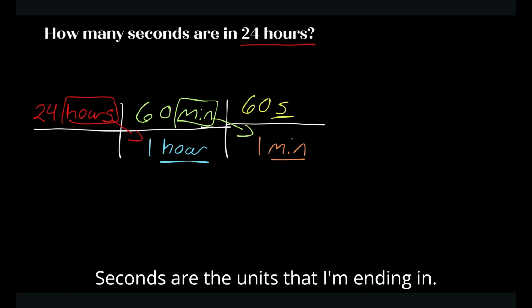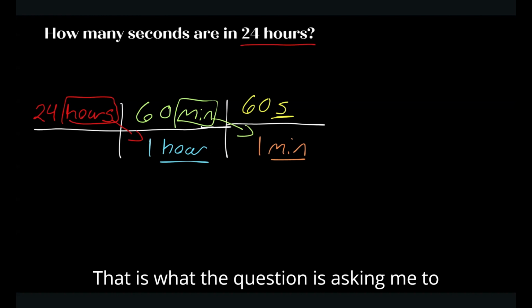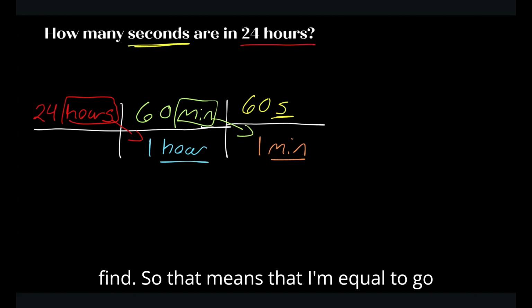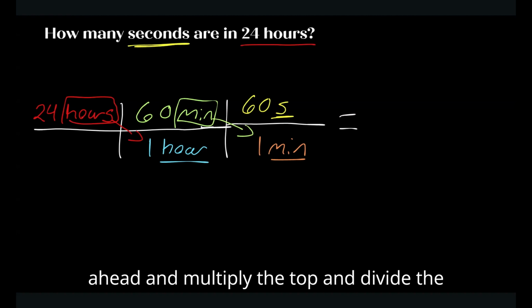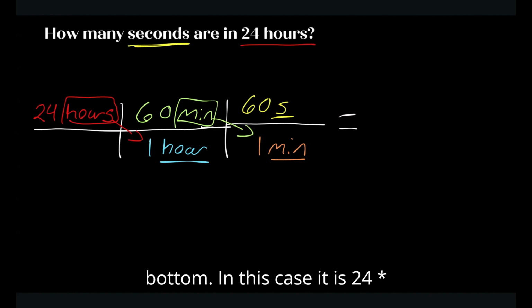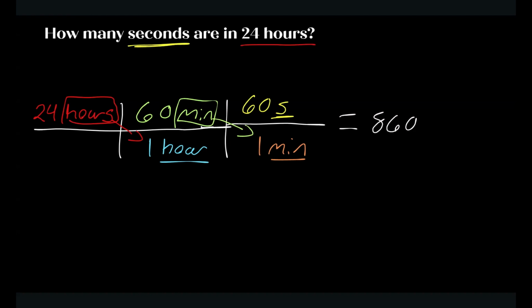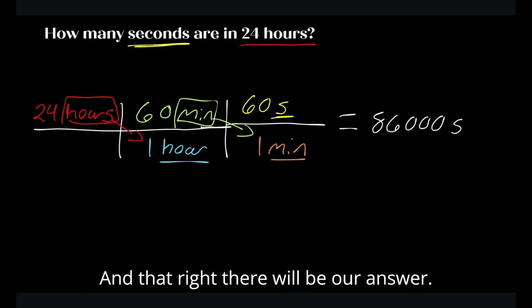Seconds are the units that I'm ending in. That is what the question is asking me to find. So that means that I'm able to go ahead and multiply the top and divide the bottom. In this case, it is 24 times 60 times 60, and that is going to get us 86,000 seconds. And that right there will be our answer.